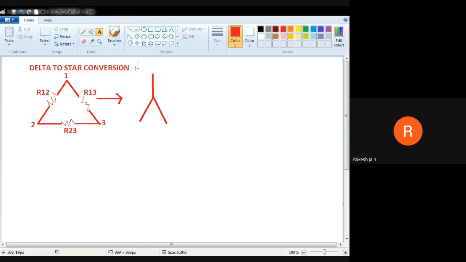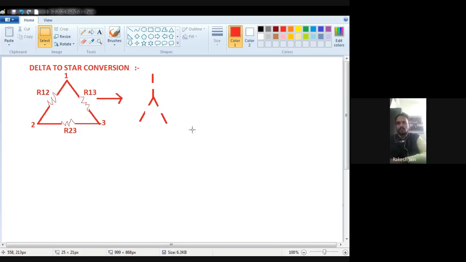So these are 3 nodes in which the value of this resistance is R12, the value of this resistance is R13, and the value of this resistance is R23.